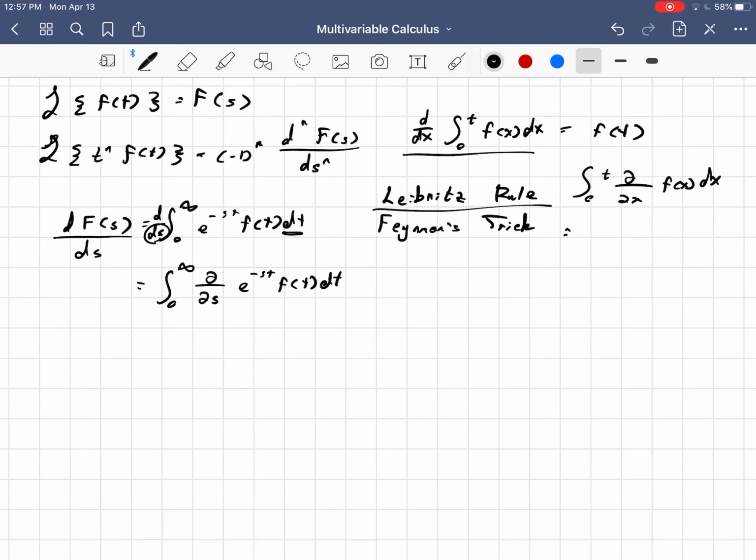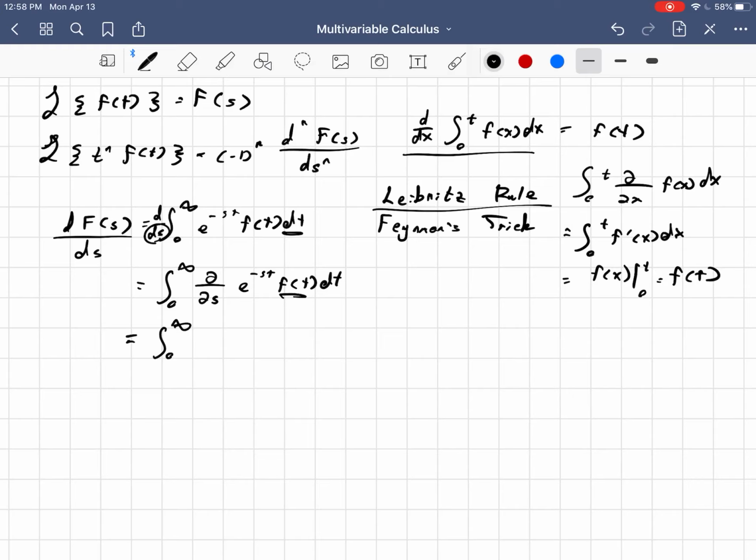You're making it the integral from 0 to t of the partial with respect to x of f of x dx, and that becomes the integral from 0 to t of f prime of x dx. Since the derivative and the integral undo each other, that's just f of x evaluated at t and 0, which gives us f of t, and we assume f of 0 is equal to 0. So you've used this rule before, you just haven't realized that it's a general case of the more specific differentiation of the integral.